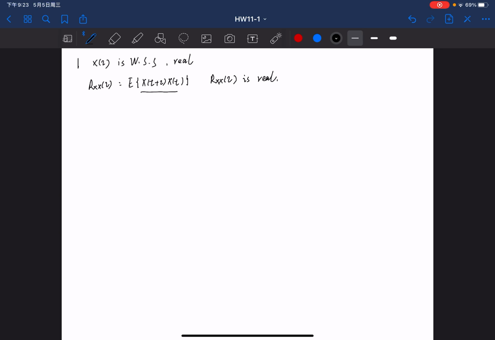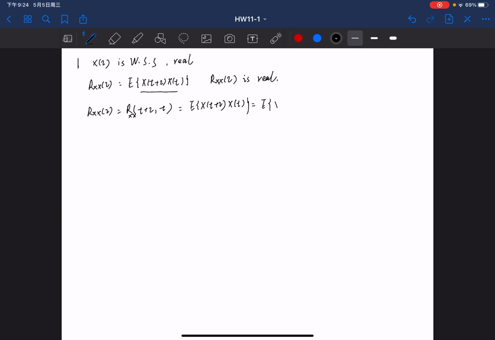And then we can write R_xx(tau) equals R(t plus tau, t), and then it equals the expectation of x(t plus tau) multiplied by x(t). And then we can write it into this format.